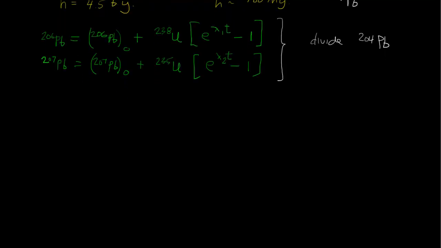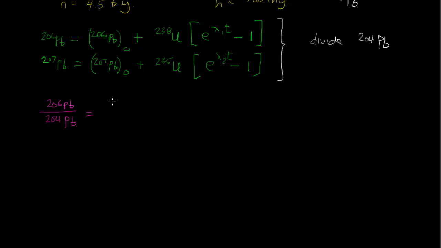So let's see what those are going to look like here. Let's do them in purple. Why not? Okay. So what they're going to look like. I'll write the first one out, and then I'll very quickly write the second. So we'll get 206 lead, the ratio of 206 lead to the stable 204 lead.